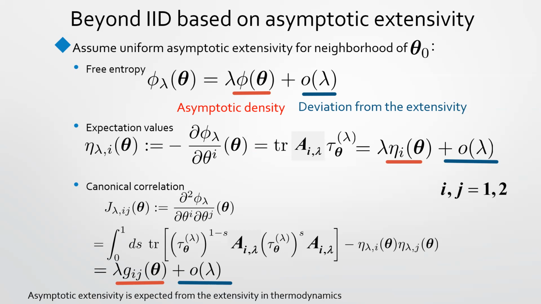Once we convert the initial IID special state to the maximally entangled state, and then again recover the IID special state, we always have some loss.